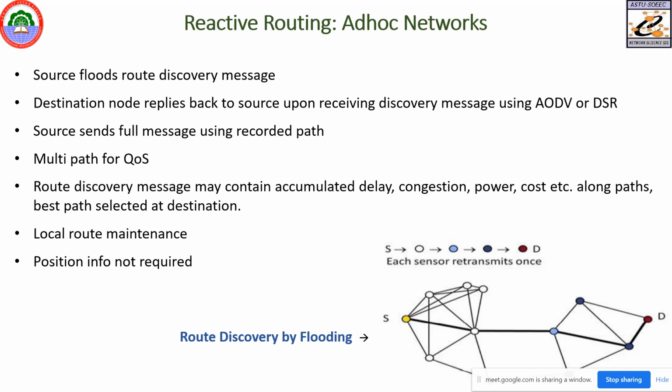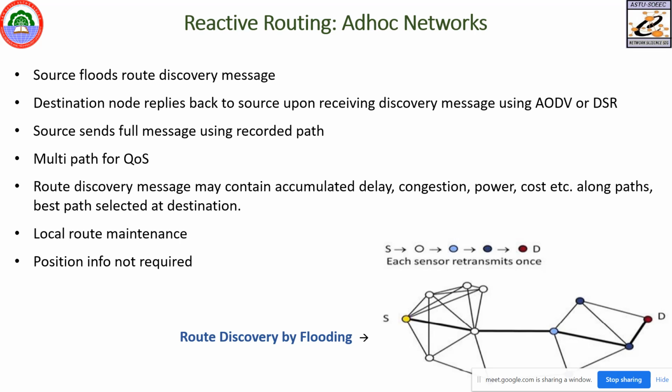So the source node simply broadcasts the message to the neighbors. The neighbors, in turn, are going to broadcast again, but they will maintain one duplicate copy with them for future references before rebroadcasting that particular message to their neighbors. And then they send it to their neighbors. Likewise, it will continue until that broadcasted message is received by the destination.